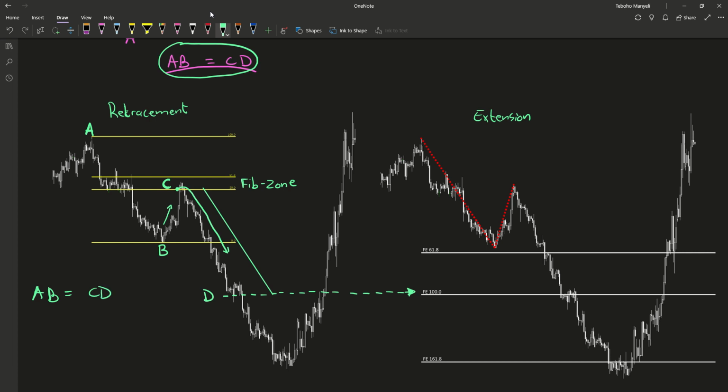At this point, point D has already been created, and we expected that the market would turn here. So now we can start applying the Fibonacci extension tool, because we have all 3 points that we need.